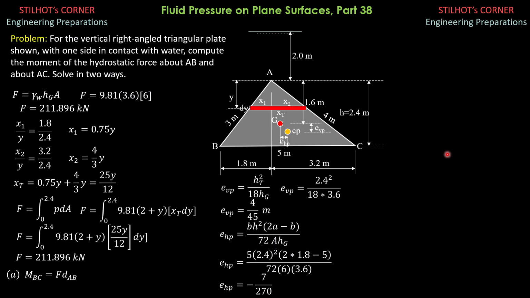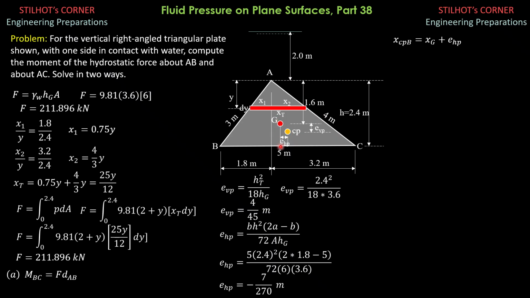So E sub HP can now be solved, and it is equal to negative 7 over 270. Because it is negative, the position of CP is indeed correct.